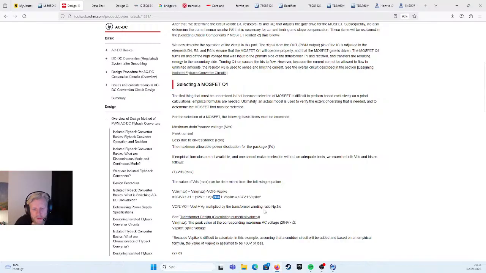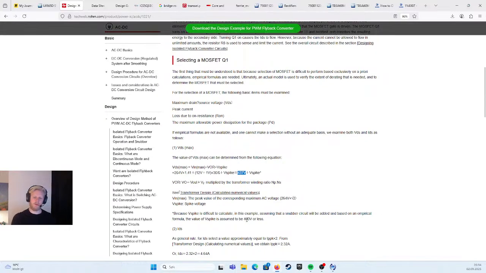Yeah, that's the winding ratio. V out plus V multiplied by the transformer winding ratio. And then you get this plus the voltage spike. The peak value of the corresponding maximum AC voltage. Because V-spike is difficult to calculate in this example, assuming that a snubber circuit will be added and based on an empirical formula, the value of V-spike is assumed to be 400 volts or less.